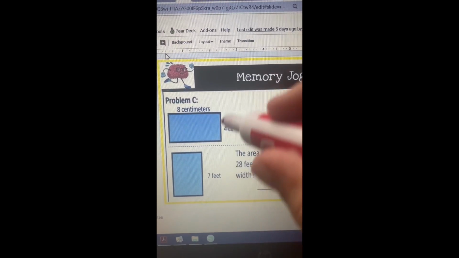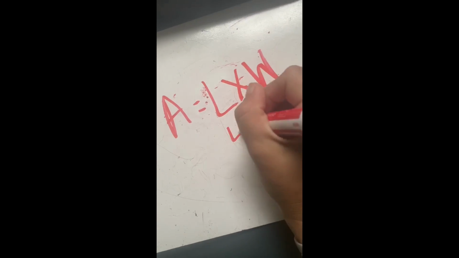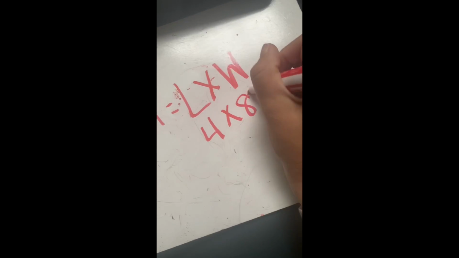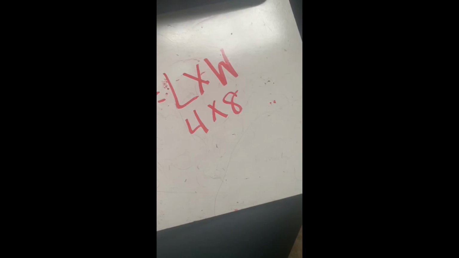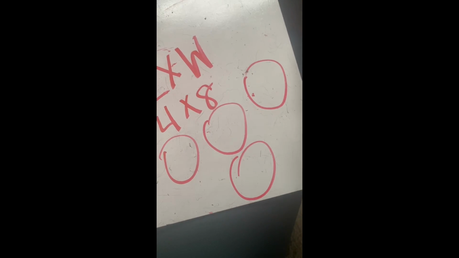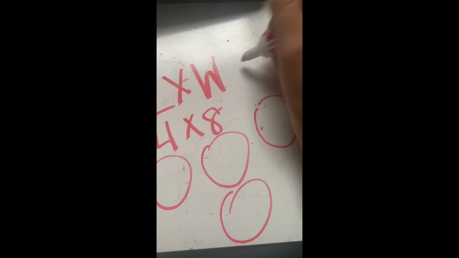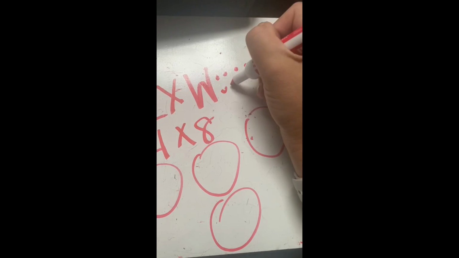So I'm going to do 4 times 8. Area is length times width, so 4 times 8. That means I have 4 groups with 8 in each. 1, 2, 3, 4, 5, 6, 7, 8.